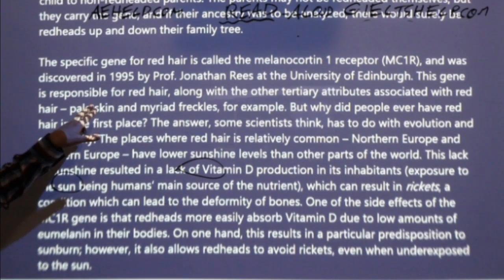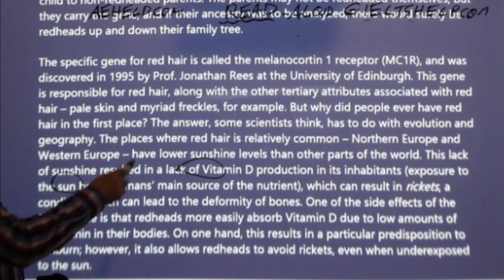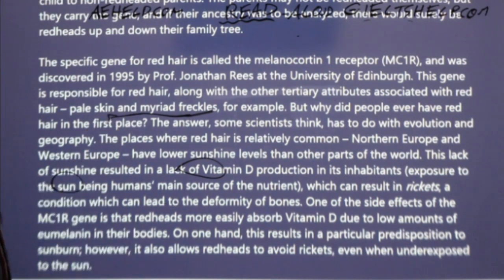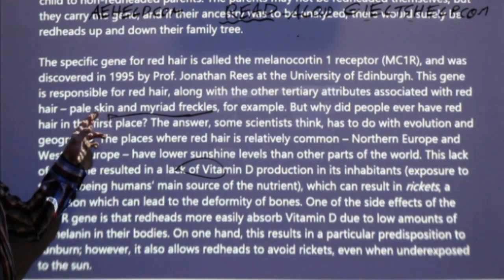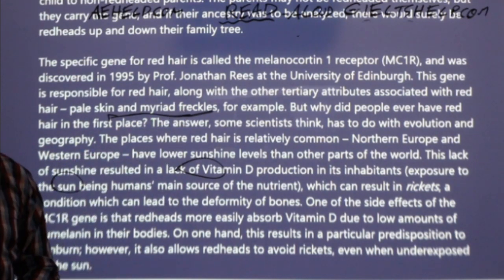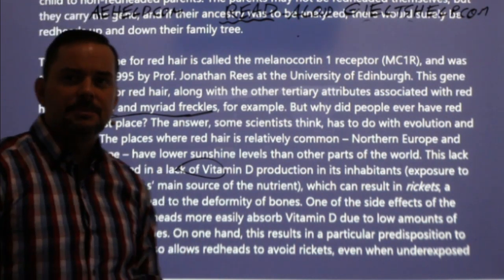Okay, pale skin and myriad freckles. So here, you realize that freckles, it's a difficult question, but you can figure out that the skin has freckles on it from this. Okay? Does that help? I think it was Dogs that asked me that one.